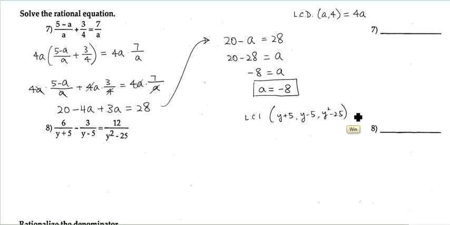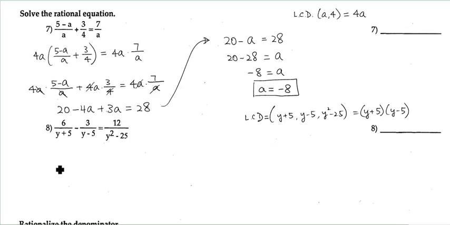That would be y plus 5 times y minus 5, which means it's y squared minus 25. Of course, you do need to know the special factoring and special products so you can identify that y plus 5 times y minus 5 is y squared minus 5 squared. So now I'm going to multiply both sides by the LCD.